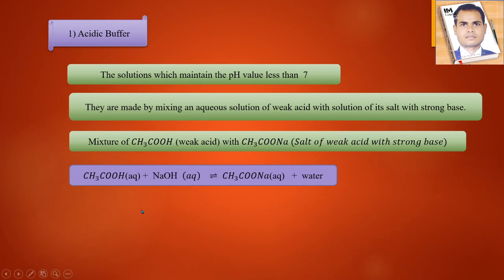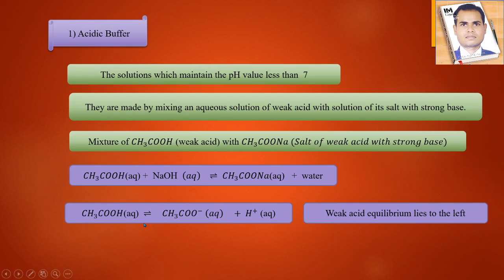Now, how will you prepare the salt of the weak acid? In this way: you take acetic acid plus NaOH, the strong base, so it will extract the H plus from the acetic acid. In this way you get the salt of the weak acid, and the side product is water. Acetic acid dissociates like this: CH3COO minus plus H plus.